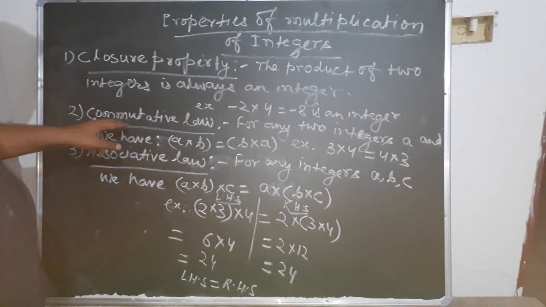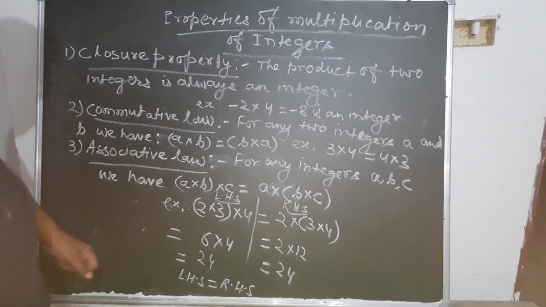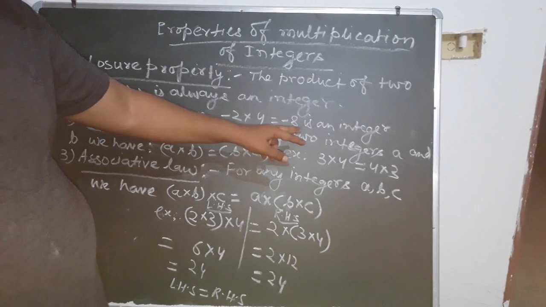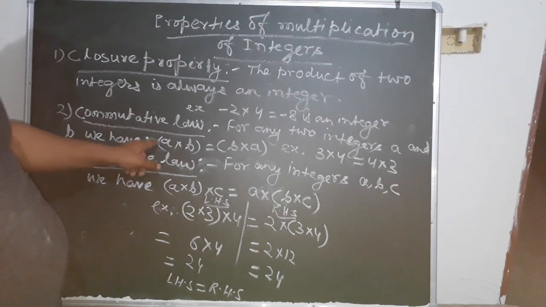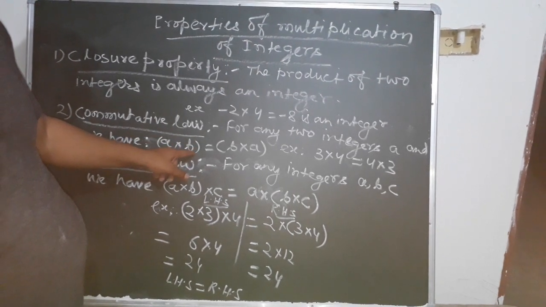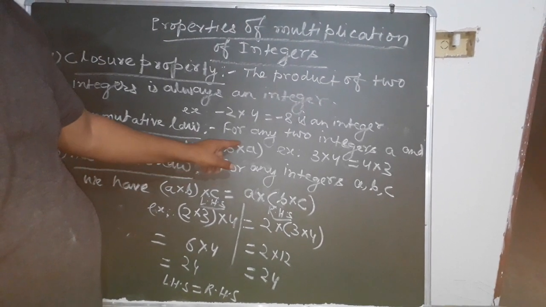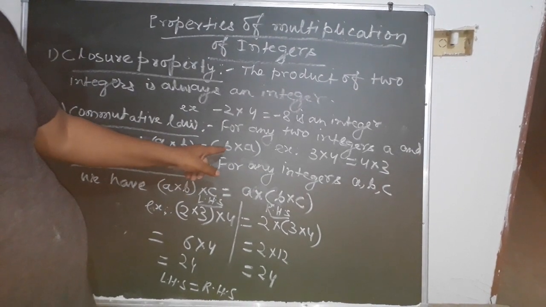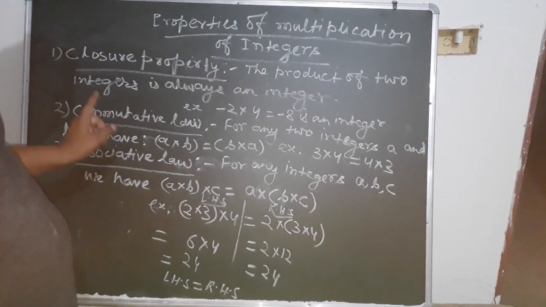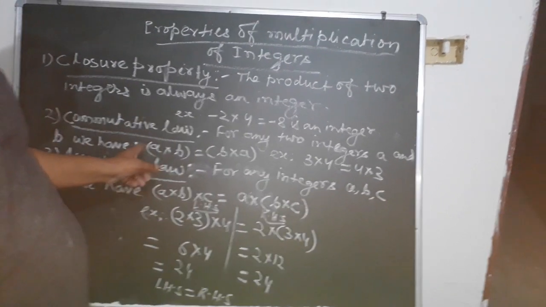Second property, commutative law. For any two integers a and b, we have a multiplied by b is equal to b multiplied by a. If we are changing the order of the numbers, then also the product remains same.